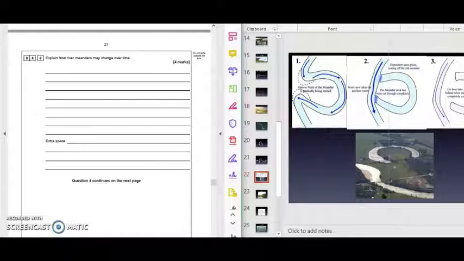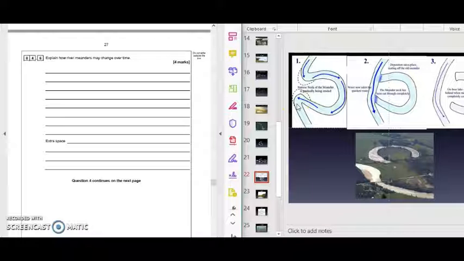Now, over time, we need to appreciate a few of the key terms here. On the outside of the bend, represented by these blue arrows, erosion will happen. And again, if you put the word erosion, don't stop there. Give me a specific type, such as hydraulic action or corrosion. So we are going to get features on the edge of very steep banks. These are called river cliffs.